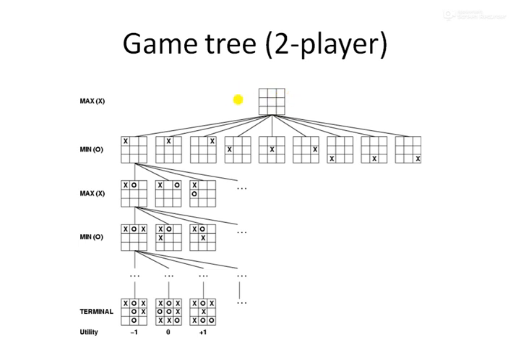So when the computer tries to make moves, it can generate all the possible moves from the initial state. That means the 9 possible moves are here: max can put the cross mark here, here, and here. In that order, the 9 possible moves are available.